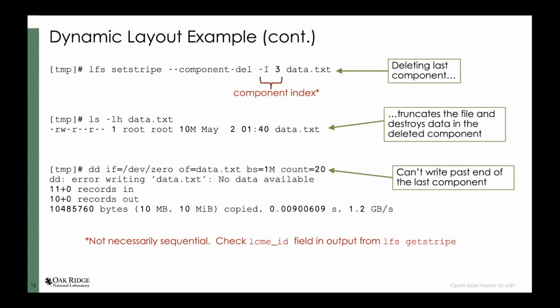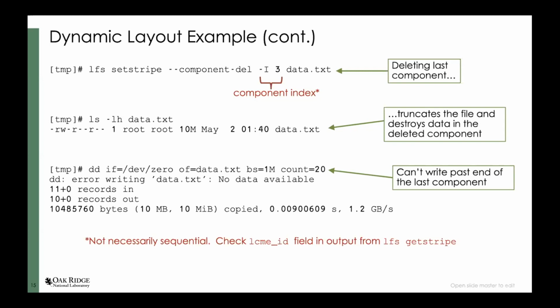So if we were to do that with our example file, we delete that last component. If we look at the size, we see that it has now been truncated down to 10 megabytes, which is the end of where the second component was. So when we delete that component, we destroyed half our data, and what we're left with is just whatever remained in those first 2 components.